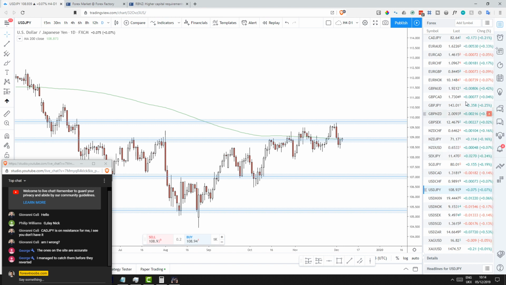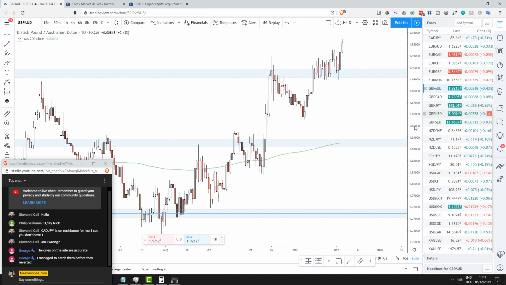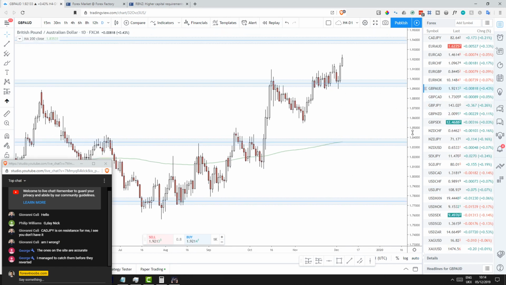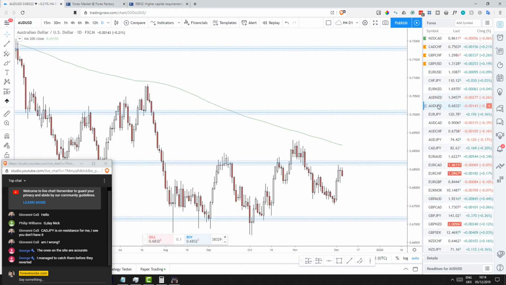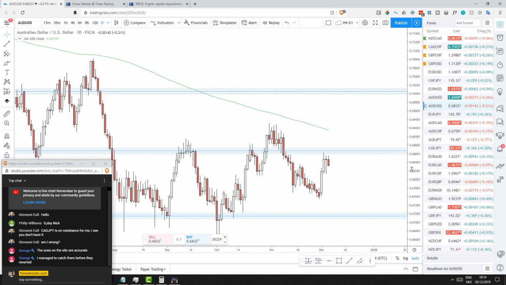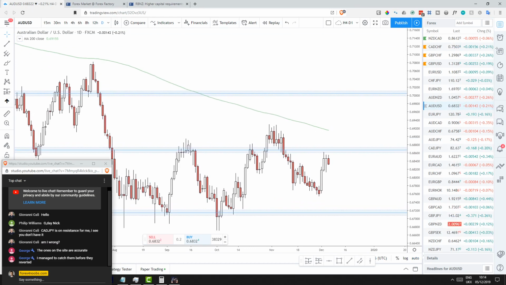Couple that with the fact that we're going to have an election in the UK, meaning that the pound is not moving as much as it would usually move. Things are just going to be slow. They are slow so far this December, and I think they're going to continue to be slow. I know you could say, well, look at this, how is it slow?